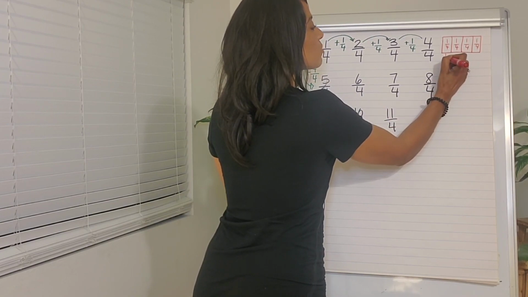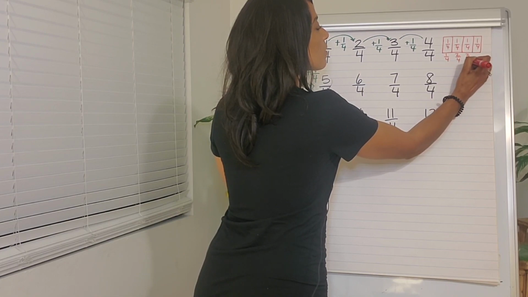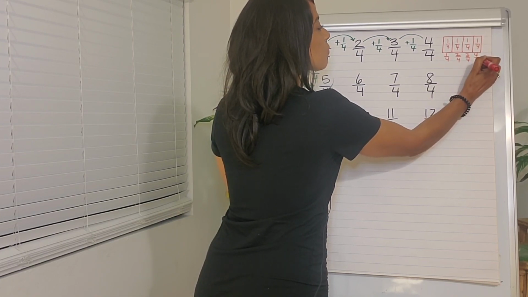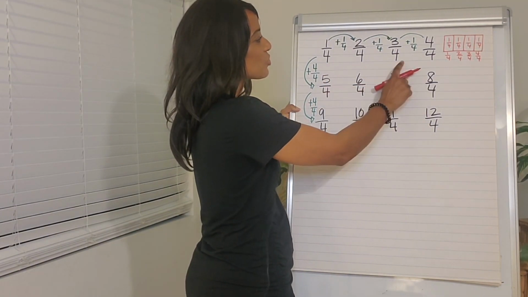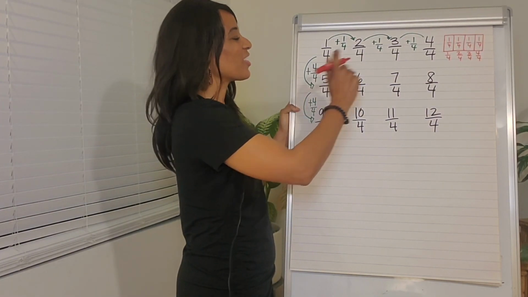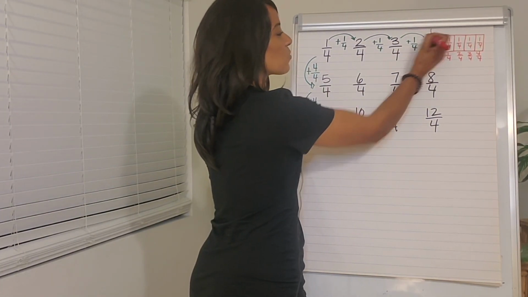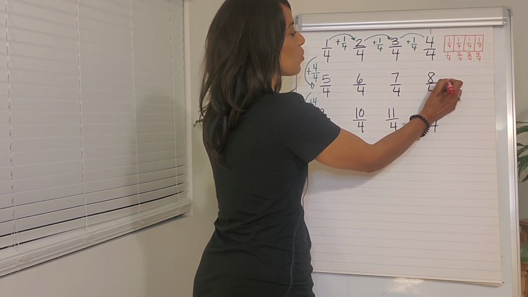And if I were to label it like a number line, we would see it's 1/4, 2/4, 3/4, 4/4. And so I would ask the kids, is it true that 4/4, if we combine them, is that 1 whole? And usually the kids will know that 4/4 is 1 whole. They might even say that 8/4 is 2 wholes.